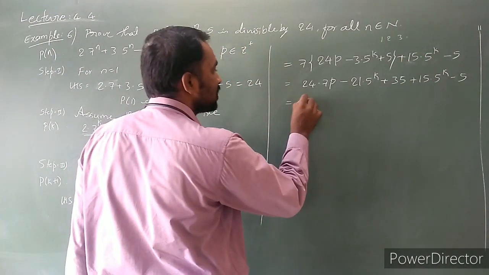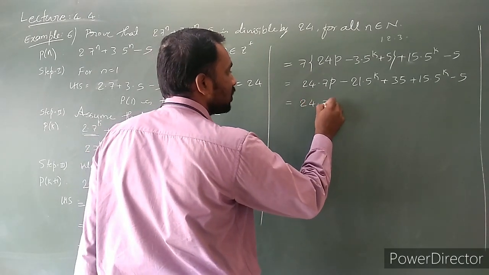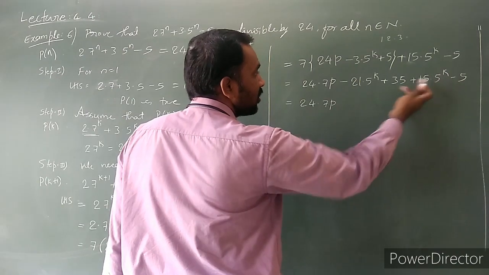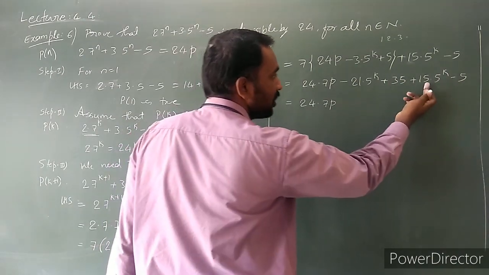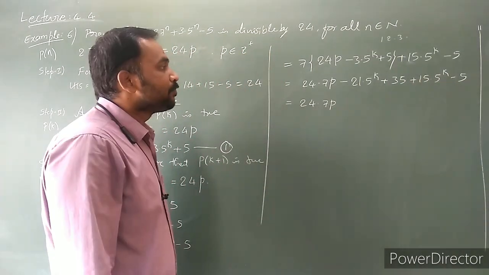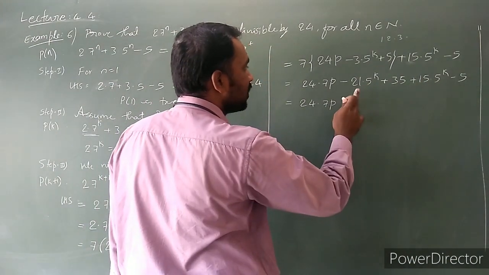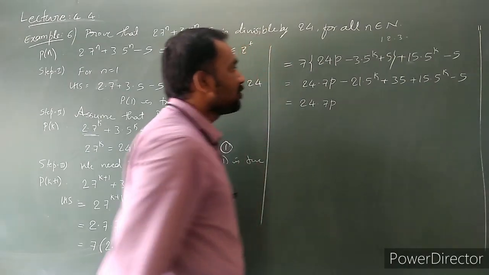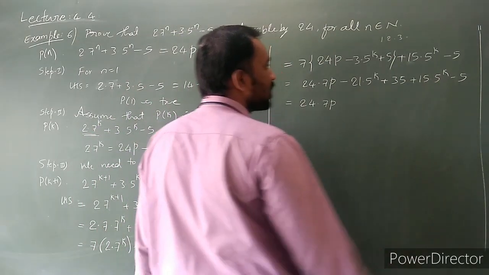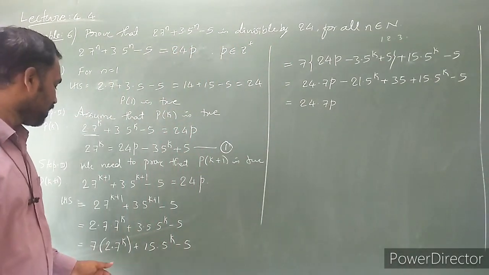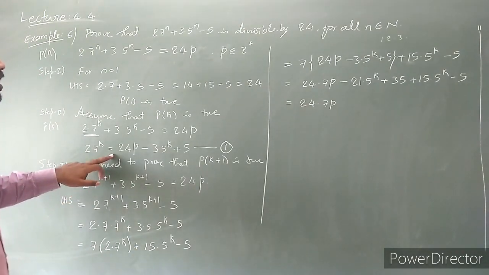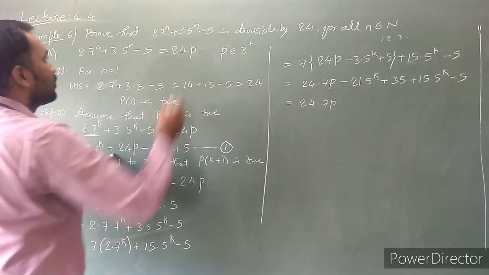Now, like terms. Are there any like terms? 24 into 7p, and 5 power k, 5 power k with coefficients minus 21 and plus 15. What will we get here? Minus 21 times of 5 power k plus 15 times of 5 power k. Check the sign, whether it is a positive or negative value.